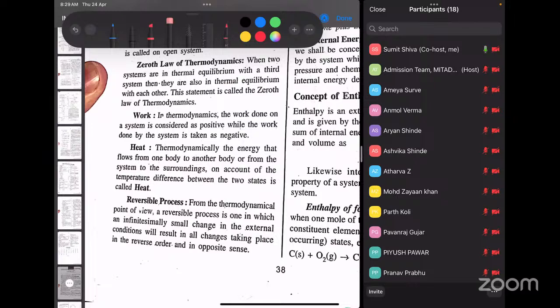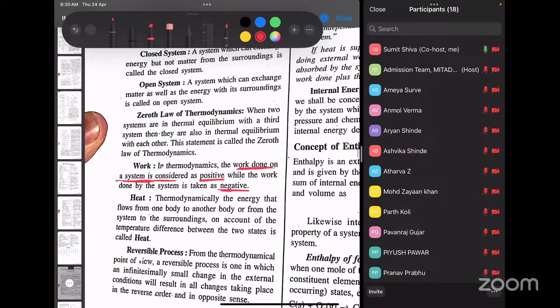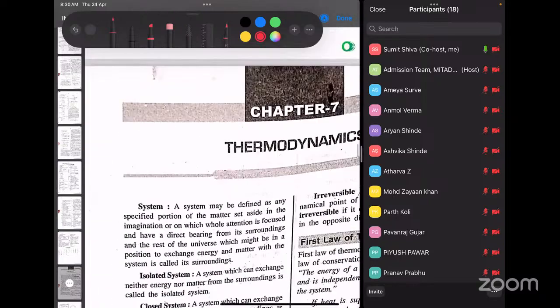In chemistry, work done on the system will be taken as positive, and work done by the system will be taken as negative. So the first sign convention is, let's say this is the system.